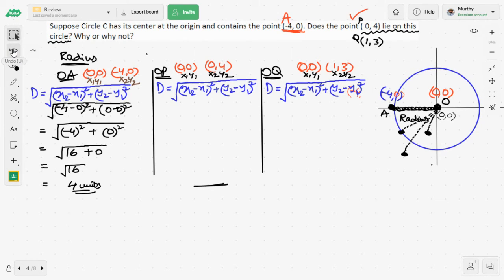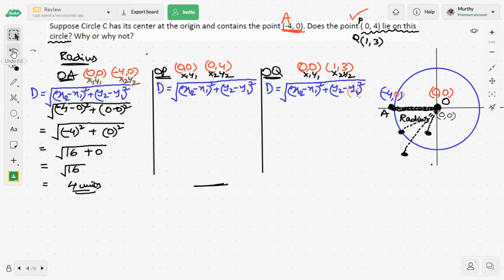When it comes to the radius, it's pretty easy. You can plug in the values, you get 4 units. The most possible mistake is that when you take negative 4 whole square, it is not negative 16. It is negative 4 times negative 4, that gives you positive 16. So don't make that kind of mistake.